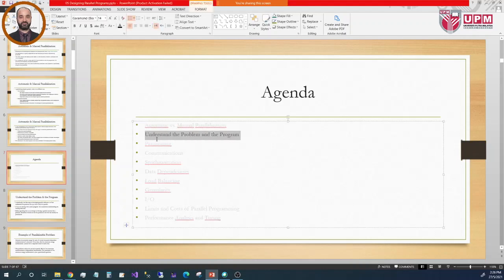Guys, I have explained this in many classes: not all problems can be parallelized. The thing that we have to understand first, before we start designing, writing the code, or thinking about how to parallelize, is the nature of the program.